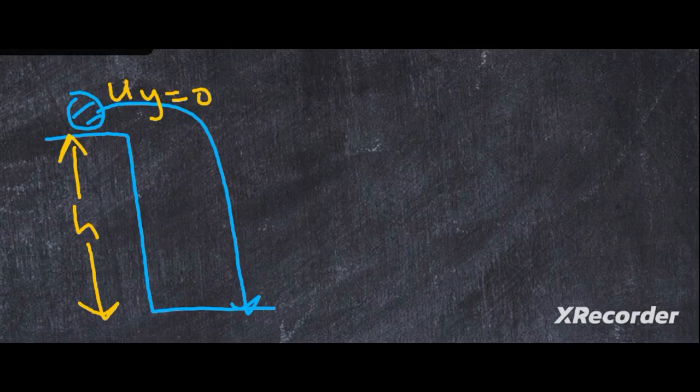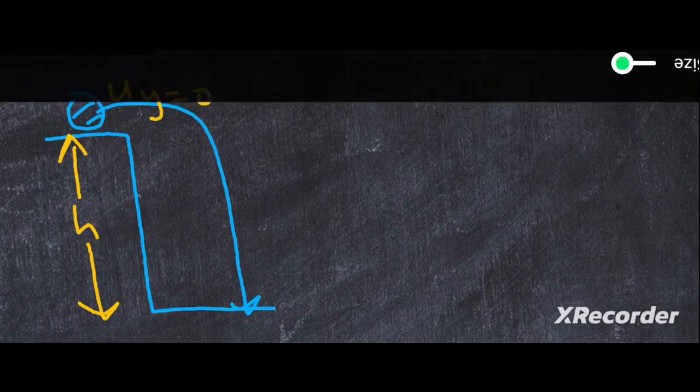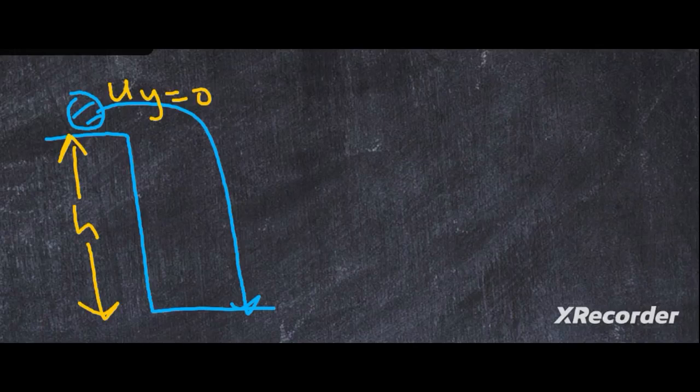The next thing we are going to do is bring in this formula. Distance is equal to initial velocity times time plus 1/2 times acceleration times time squared, or t squared.